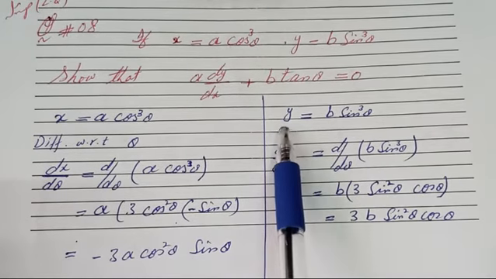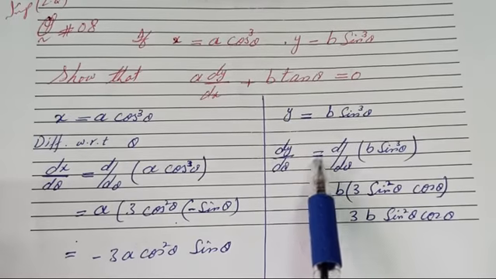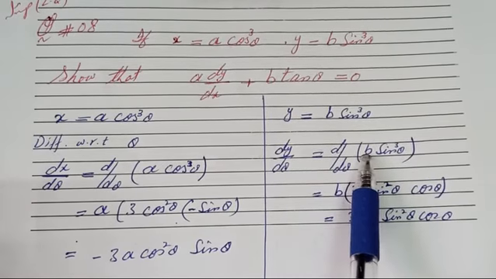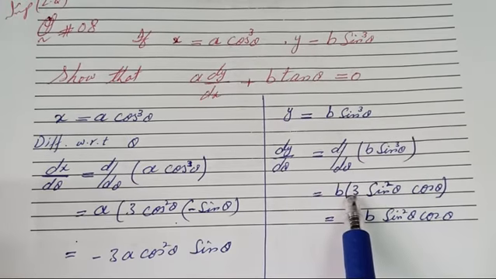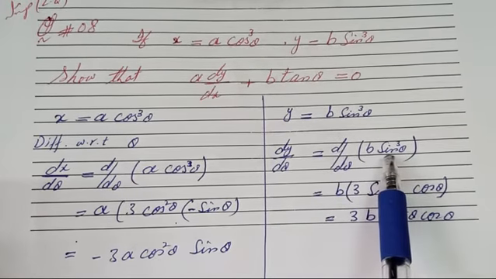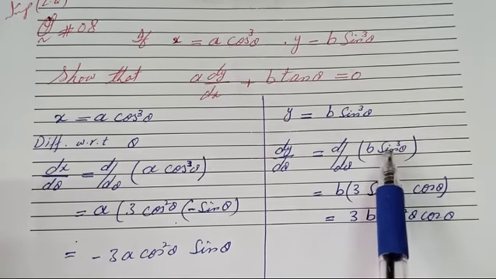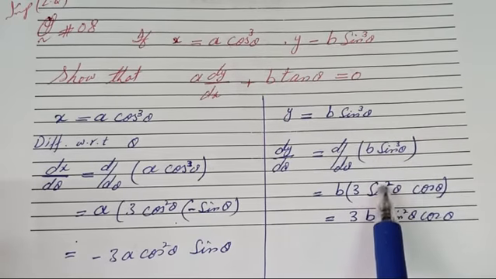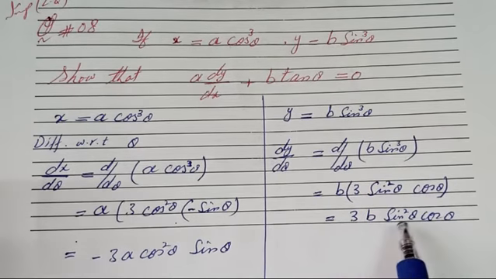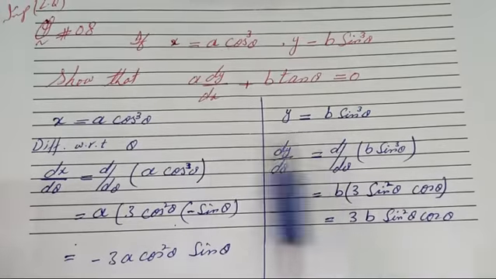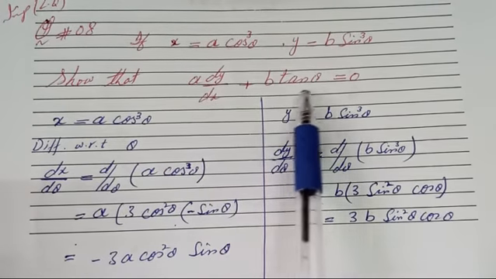While on the other hand, y is equal to b sin cube theta, dy over d theta is equal to the derivative of this term: b is a constant written on one side, while first of all written here its power, then sin cube theta is written here by decreasing its power by 1, cube changes into square, and the derivative of sin theta is cos theta. So 3b sin square theta cos theta, and we have to prove that a dy over dx plus b tangent theta is equal to 0.